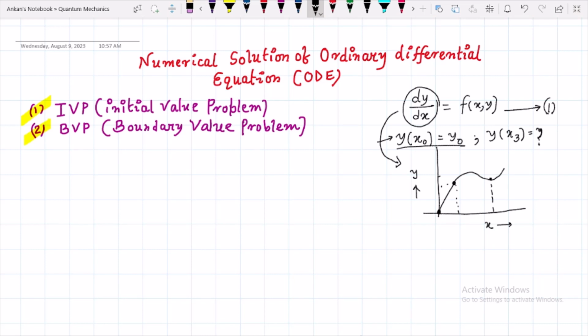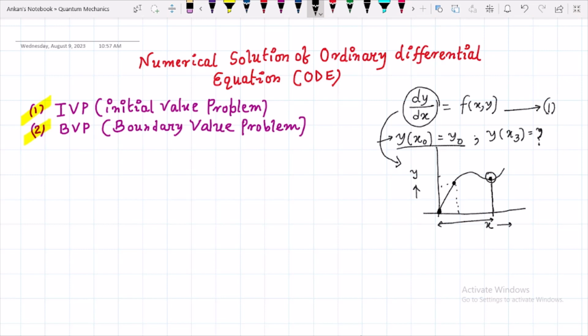But if you have two conditions, one condition at this extreme point and the other condition at this extreme boundary, and you have to find the solution curve within this region only. Let's repeat it.